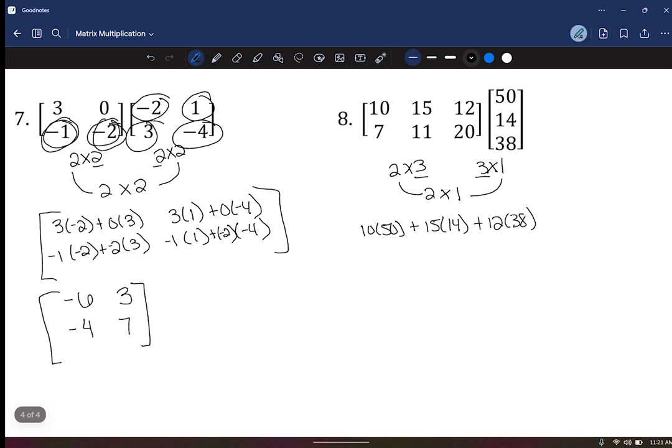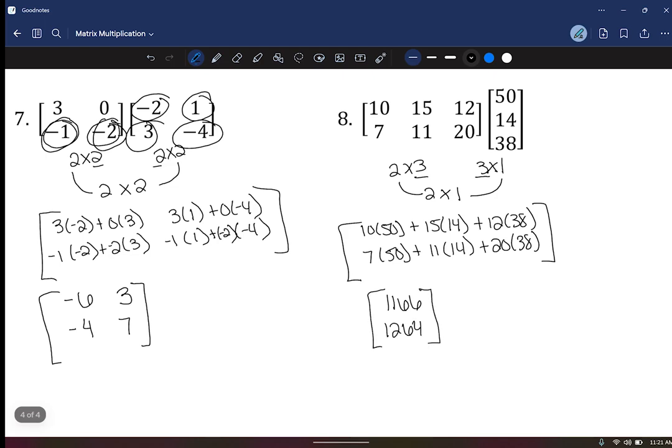Then we'll do second row, first column. 7 times 50 plus 11 times 14 plus 20 times 38. So if you do the top row, you get 1166. The bottom row is 1264. And we did end up with a 2 row, 1 column.